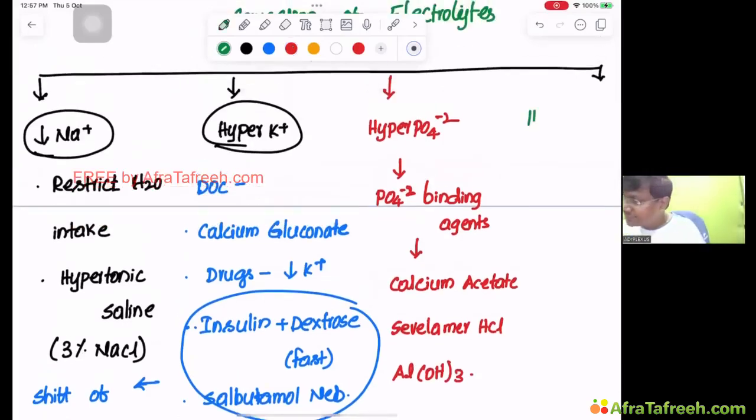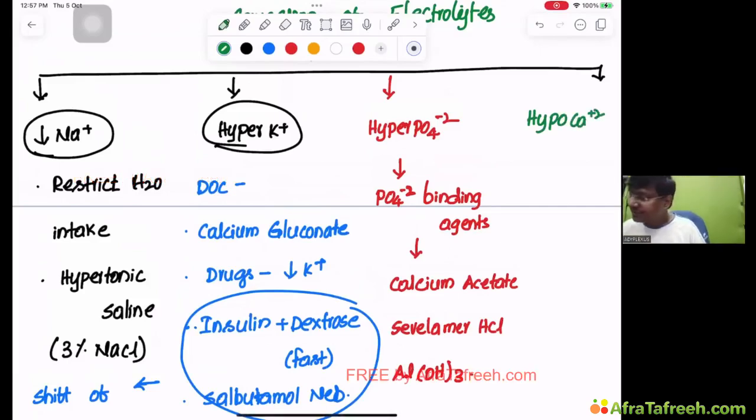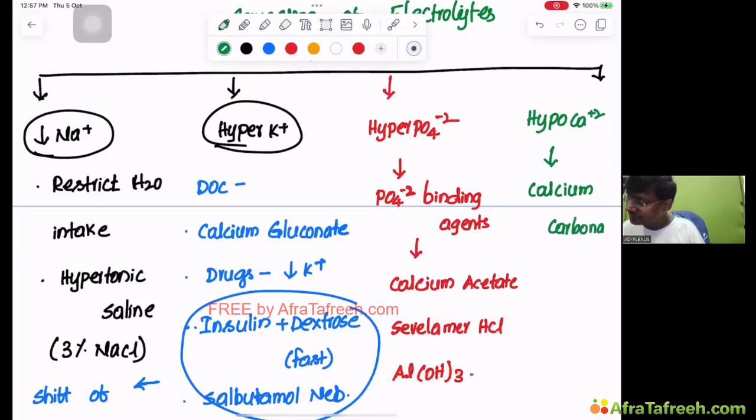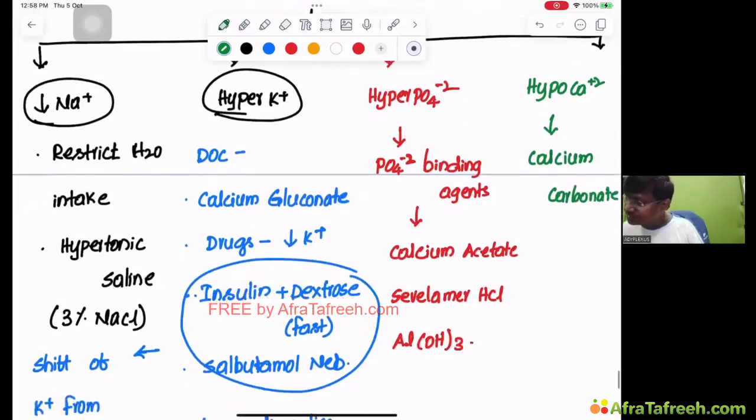Then hypocalcemia. So how do you treat hypocalcemia? The treatment of hypocalcemia is by calcium carbonate and the other important drug is calcium gluconate.